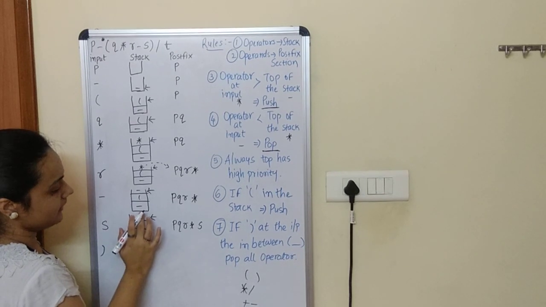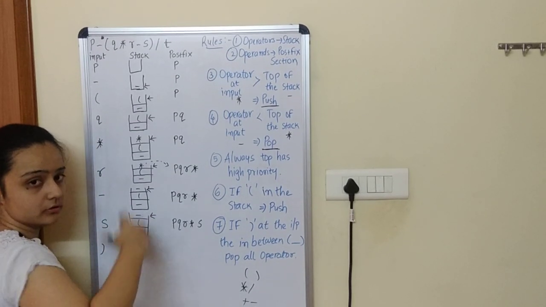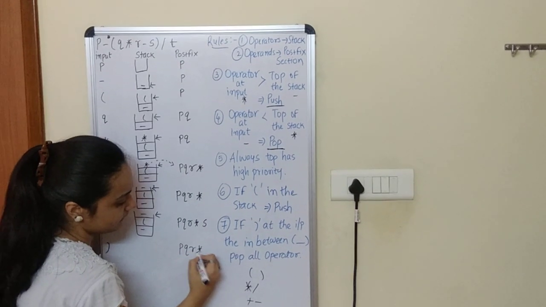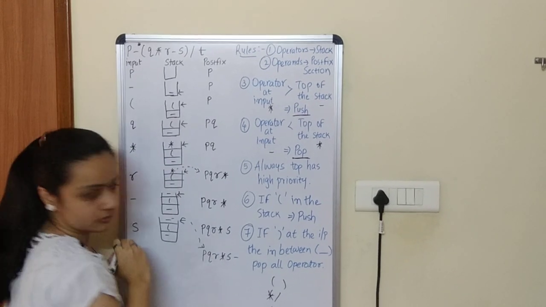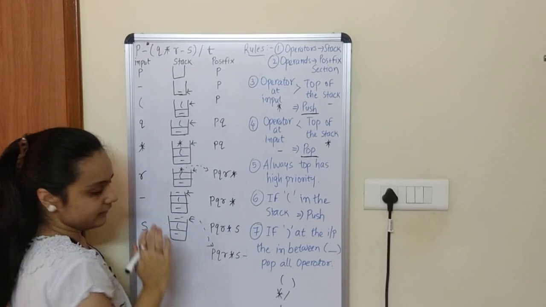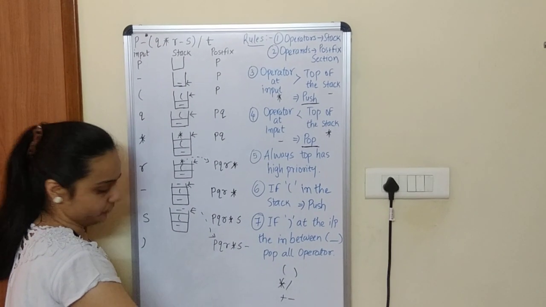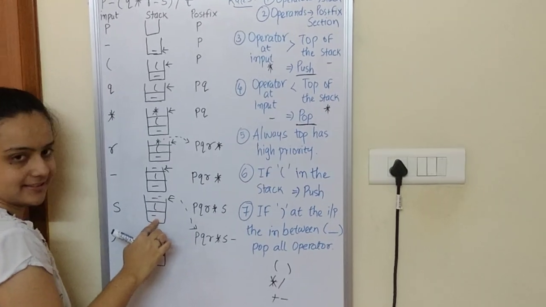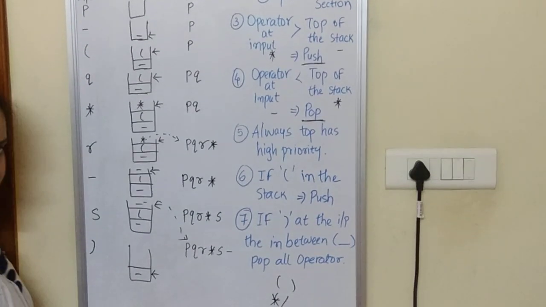If I put it into this stack, then operator minus will be there. So I have to pop it out. So for that, P, Q, R, multiplication, S and this minus. Fine. And this will cancel because we are not considering parenthesis in our output. Fine. So now my stack will be like only considering this first minus. Okay. And your top element will be there.